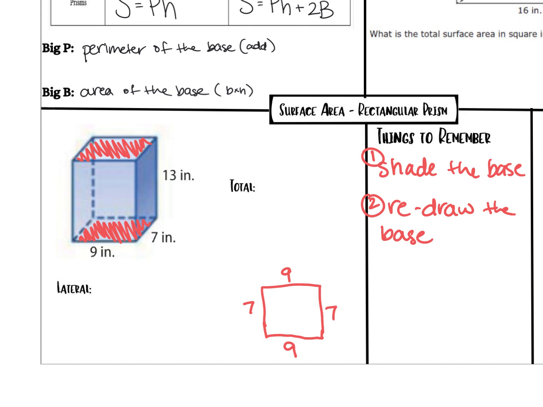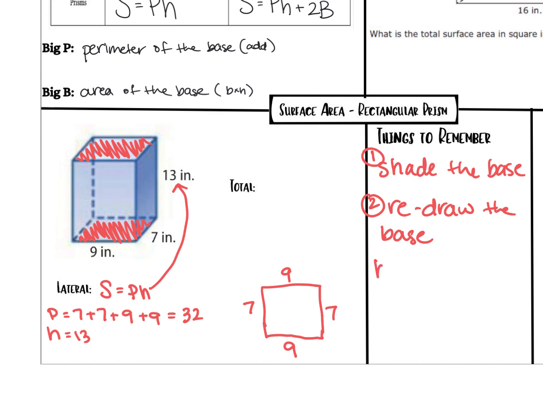So we'll go ahead and do lateral first. So I'll write down my formula. S equals PH, where P is the perimeter, so we know to add. So that's 7 plus 7 plus 9 plus 9, which is 32. And the height is in between the two bases. So the height is 13. That might be something we want to write down as well.